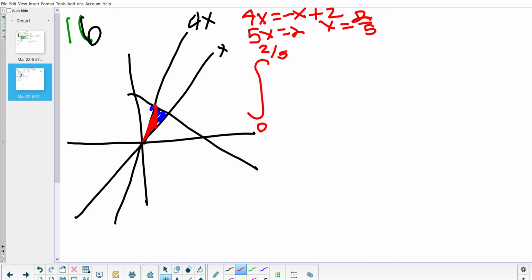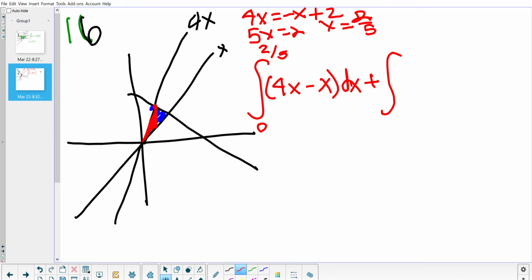So from 0 to 2/5, it is 4x minus x. That wouldn't even be that hard to take the antiderivative of, even if I made you not use your calculators. But then you're going to add to that blue area.